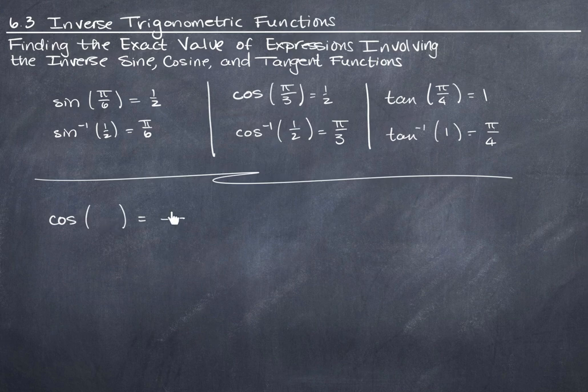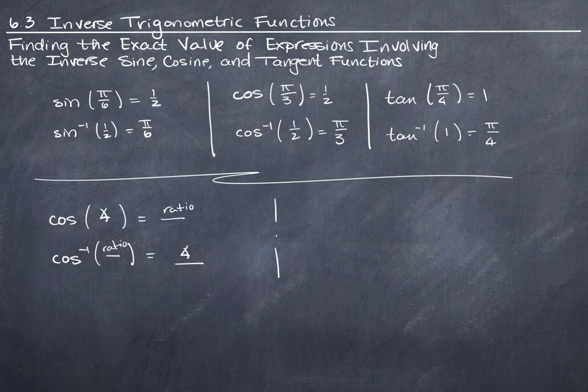And hopefully, if it's one of my nice familiar angles, 30, 60, 90, 0, any of the multiples of those, I should know what the ratio is that I get there. And that means that the cosine inverse of the ratio is going to be my angle. This is the angle, this is the angle. This is the ratio, this is the ratio.